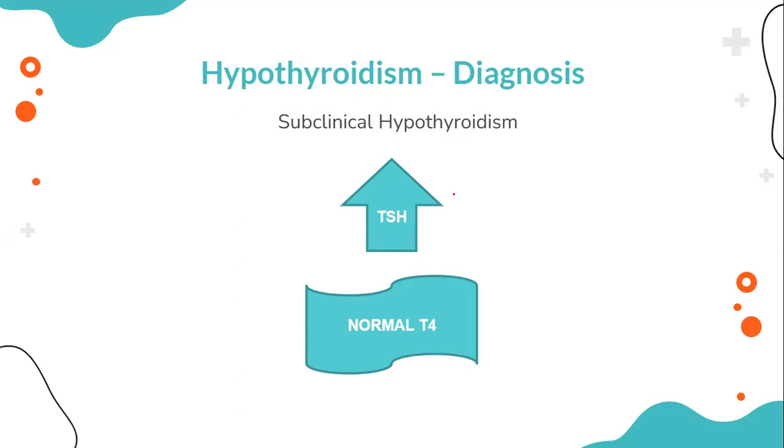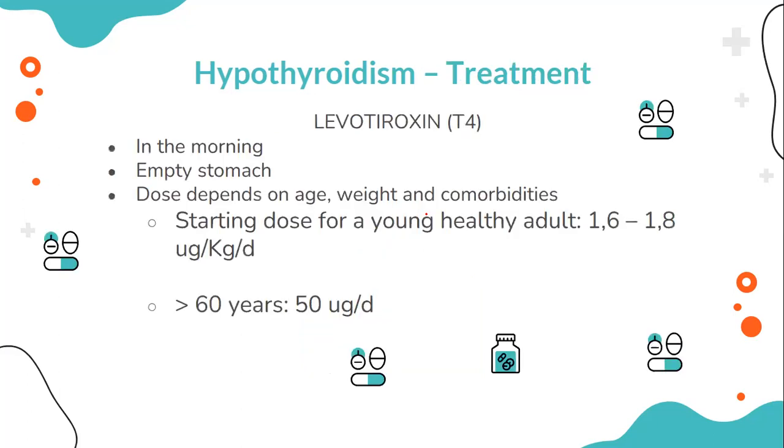So this person would not have any kind of symptoms or signs related to hypothyroidism. And the diagnosis is actually hidden, right? It's difficult because this person does not have any symptom or sign. But if we ask for the TSH level, it is increased. Okay, so if you have higher levels of TSH and normal levels of T4, we're talking about subclinical hypothyroidism.